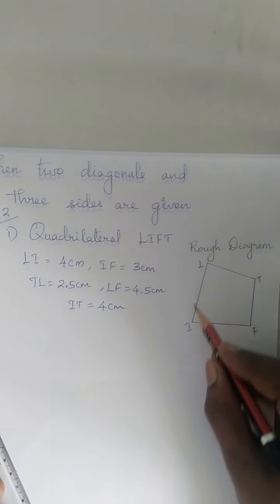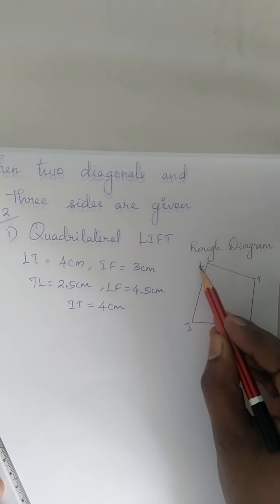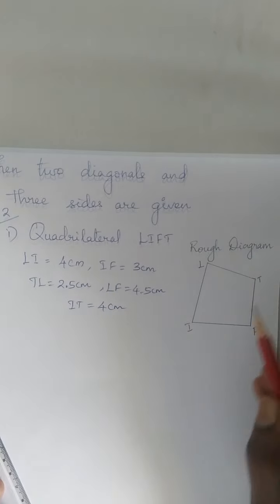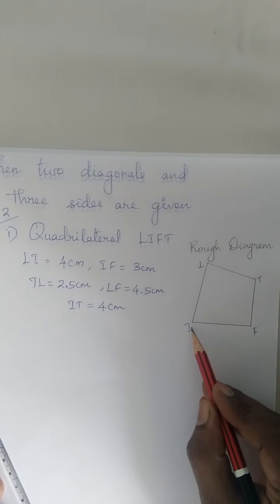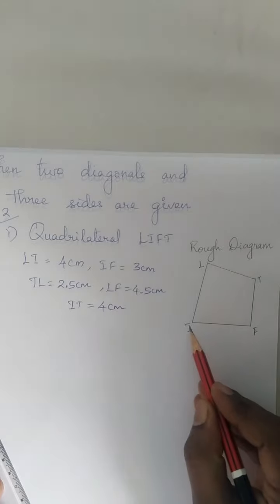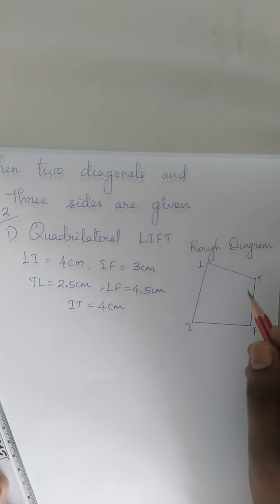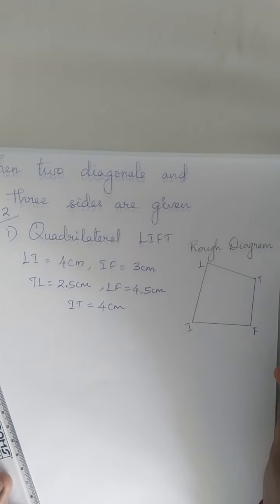You can start naming the vertices from anywhere, but go in order. Like if you start from here, L-I-F-T. Likewise, if you start from here, L-I-F-T. Suppose you are starting from here, L-I-F-T. But just go in order.